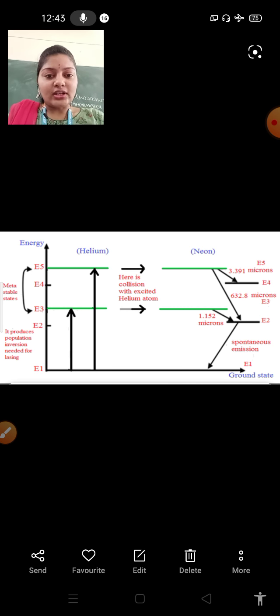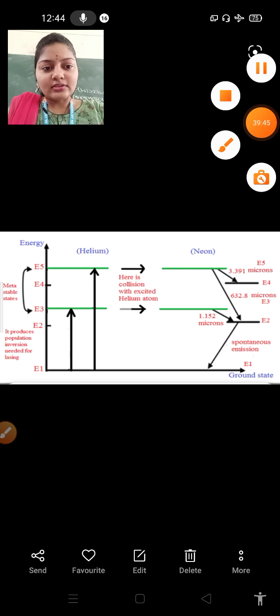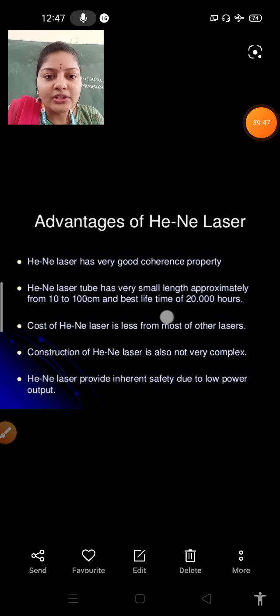E2, E3 and E4 are the higher energy states. The helium atoms are very light in mass, so whenever you use electrical discharge pumping, the helium atoms simply move from one energy state to another. Here I would like to discuss some of the advantages of the helium neon laser.